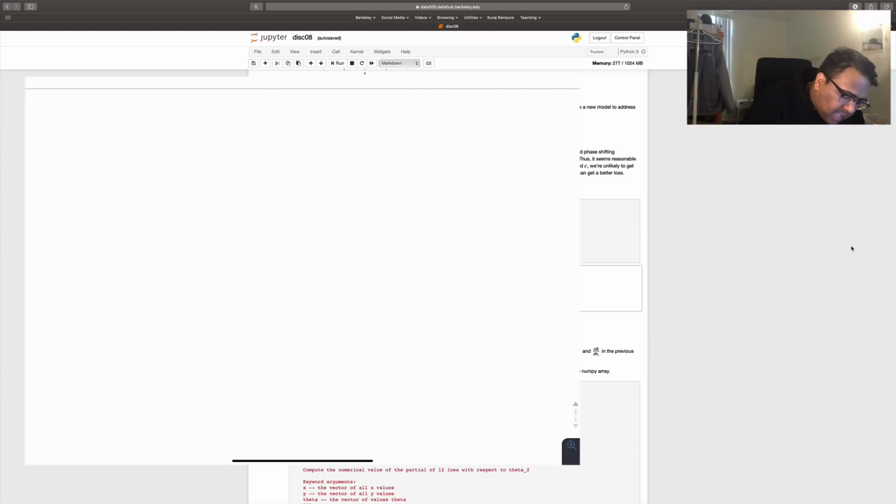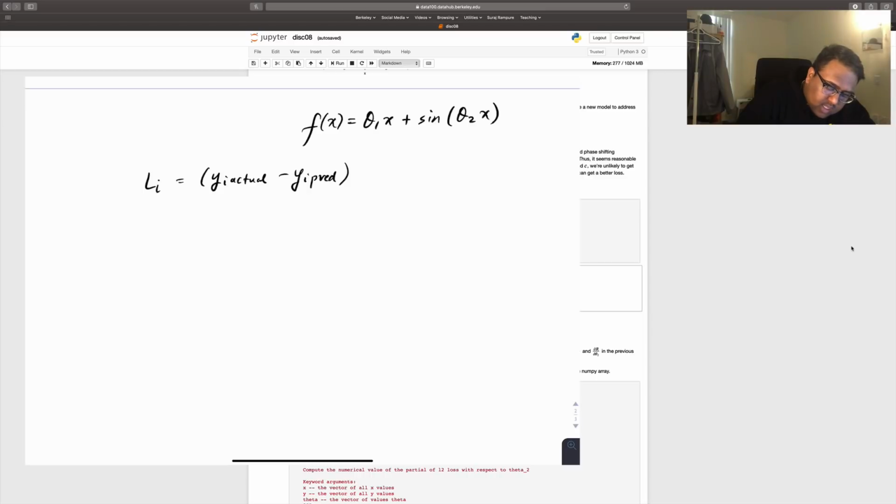So again, our model is f of x is theta 1 x plus sine theta 2 x. And so our loss for a single point, we'll say, is again y_i actual minus y_i predicted squared, which in this case is just y_i minus theta 1 x_i minus sine of theta 2 x_i, all squared.